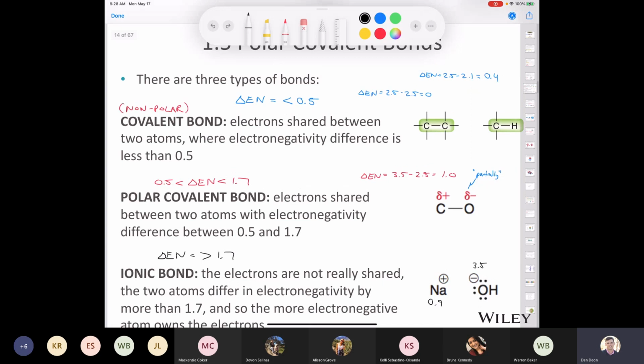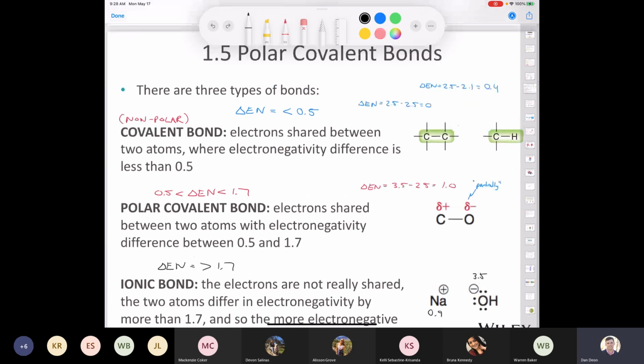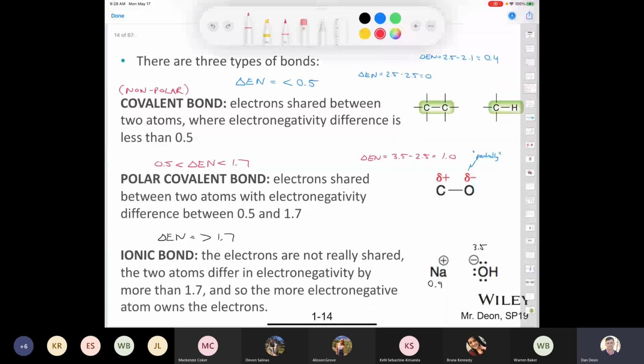Now, one more thing before we can move on. These are not carved in stone. We could say they're not hard and fast rules. What do you mean by that, Mr. Dion? What I mean is that if you were able to shrink yourself down to the size of an atom, you don't see the letter C and you don't see the letter O anyway.